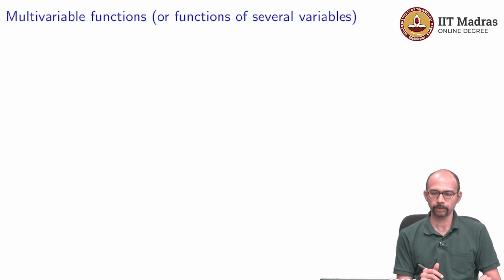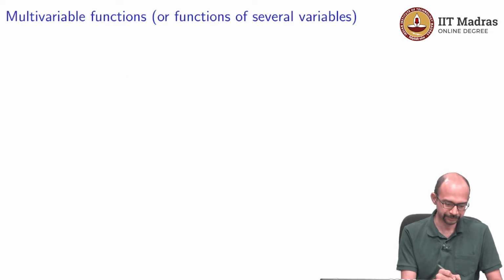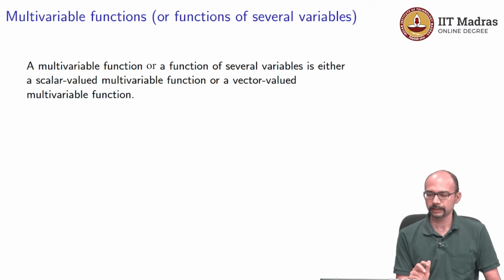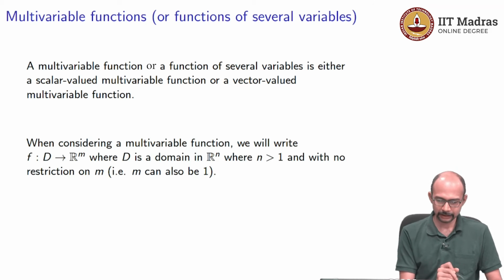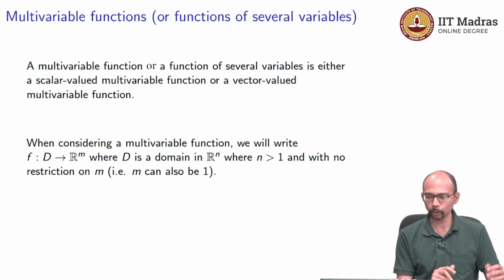So what is a multivariable function? Sometimes this is also called a function of several variables. A multivariable function or a function of several variables is either a scalar valued multivariable function or a vector valued multivariable function. That means you could have a function from Rn, or some domain in Rn, to Rm, and here we insist that n is bigger than 1, but there is no restriction on m.